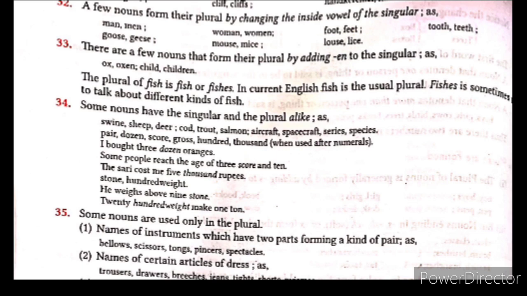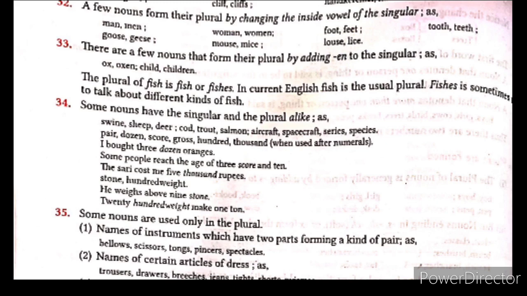Now, there are few nouns which form their plural by changing the inside vowel of the singular noun. For example, man. We change the vowel inside that singular noun, a to e, and it will become plural.